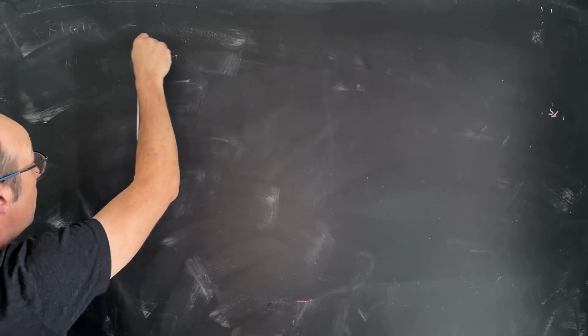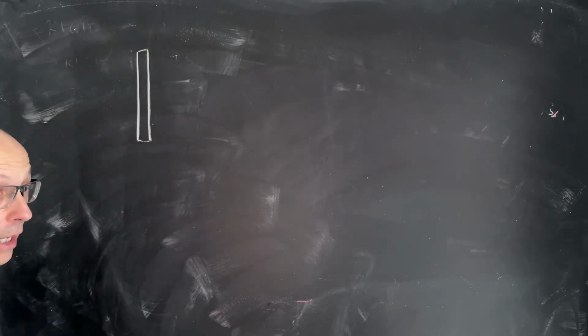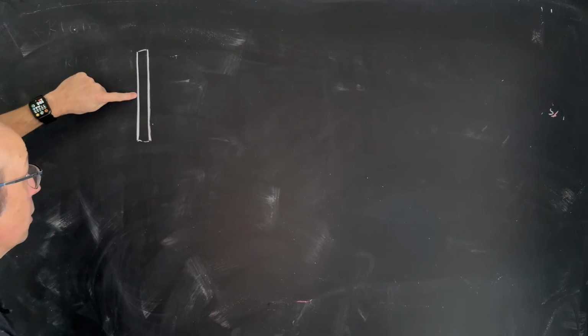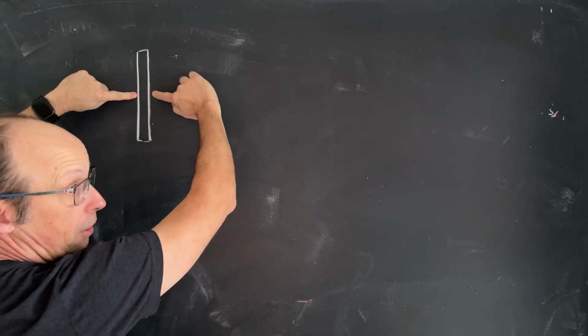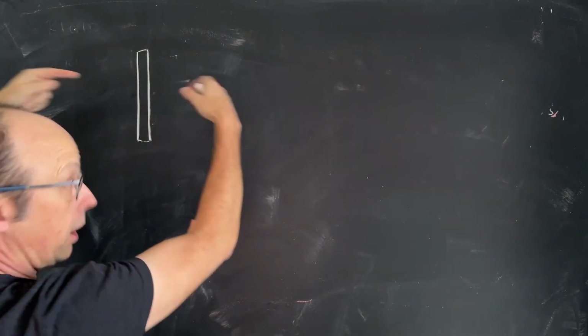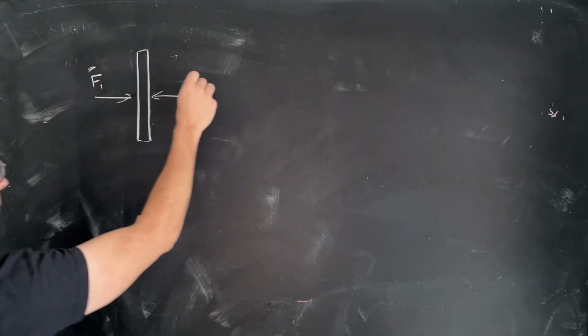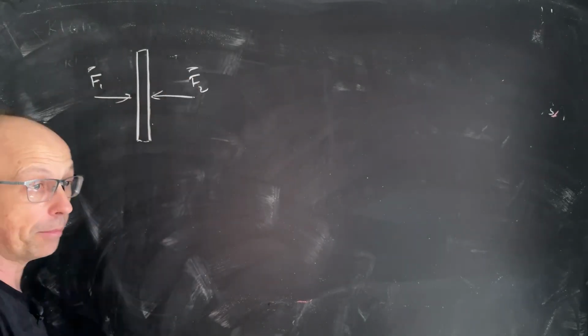I'm going to actually start with a kind of a demo here. So you can take a pencil and put it on the table, just like that. That's my pencil. Now if I push here and I push here with equal and opposite forces, what happens?